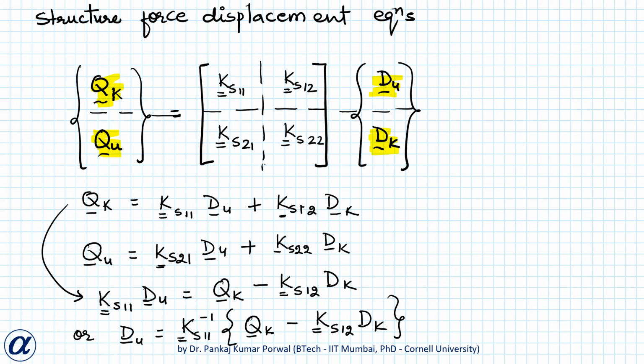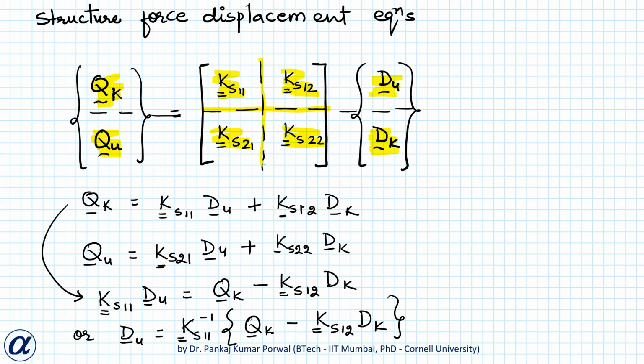Correspondingly, the structure stiffness matrix can be divided into 4 parts: KS11, KS12, KS21 and KS22.